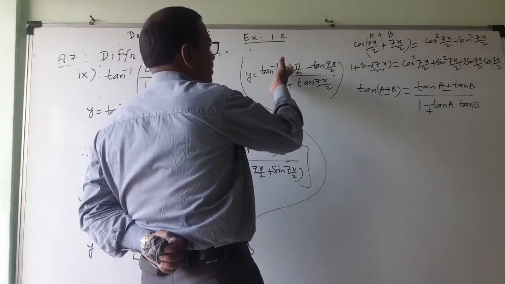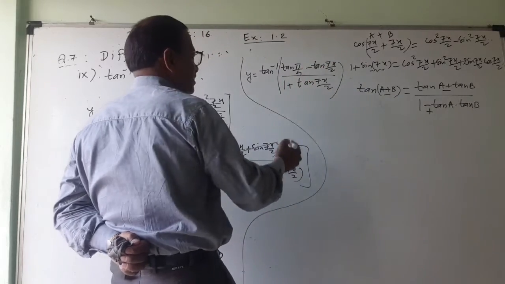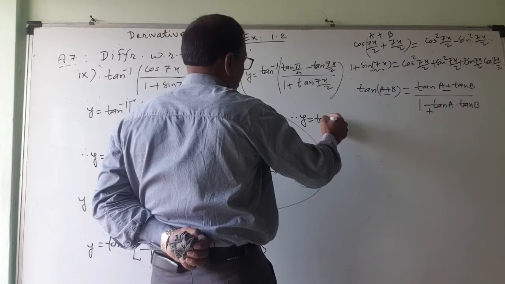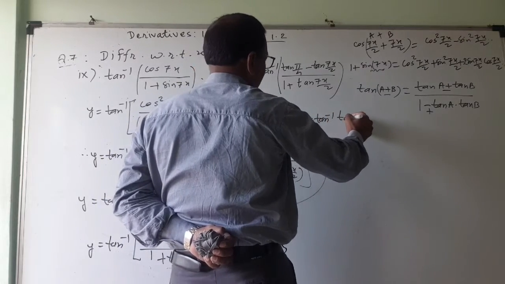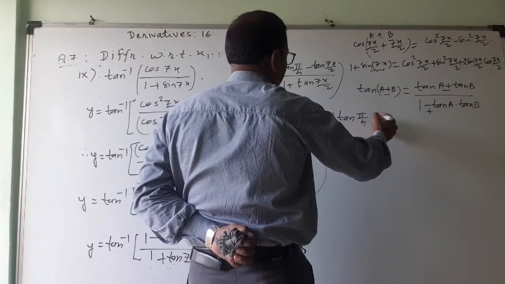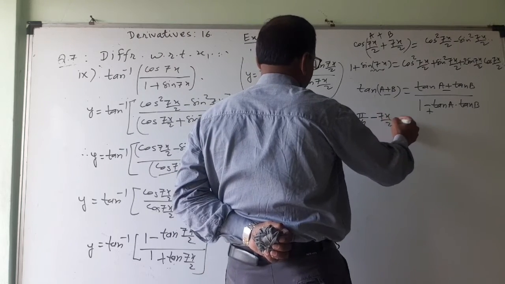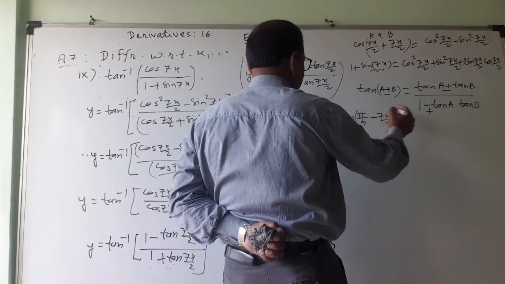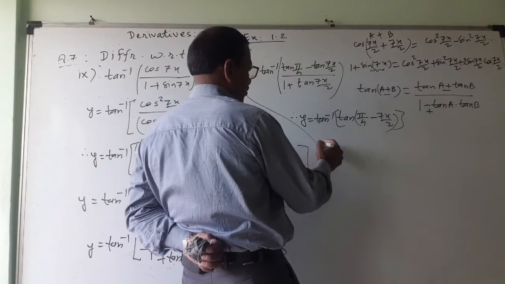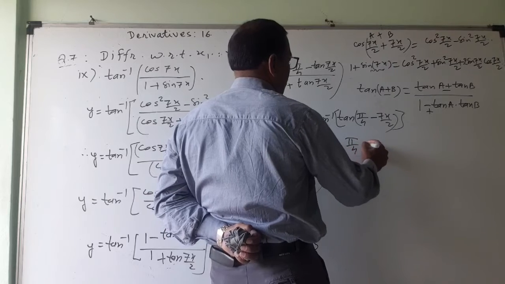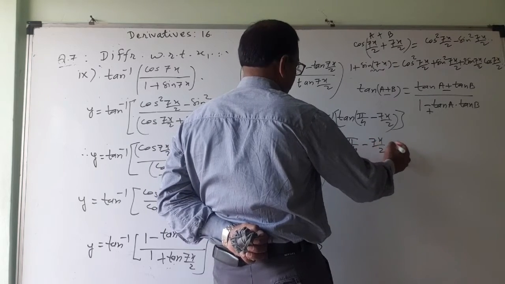So this is the expansion of tan of pi by 4 minus 7x by 2. Therefore, y is equal to tan inverse of tan of pi by 4 minus 7x by 2. Its expansion this is. Now this is cancelled.